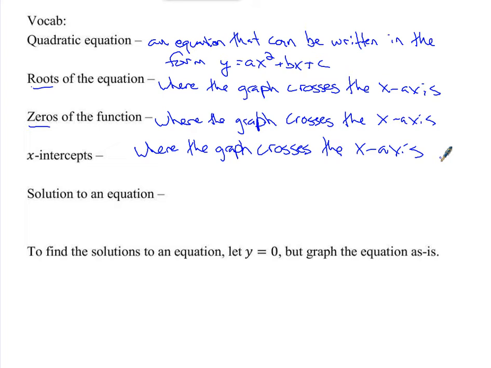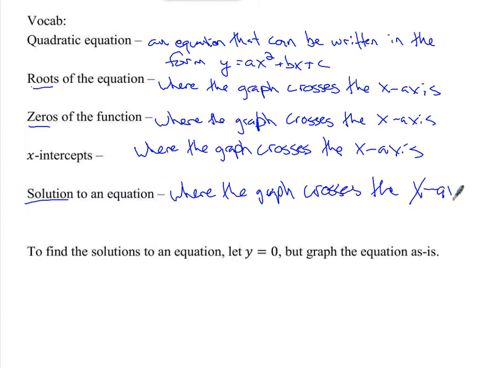And on the last page, I was asking you to tell me where the solutions to the equation were. The solutions to the equation this time are where the graph crosses the x-axis.